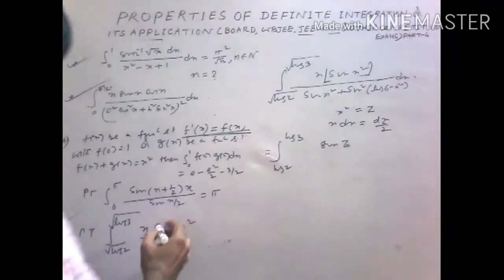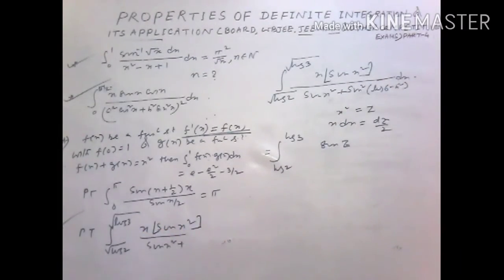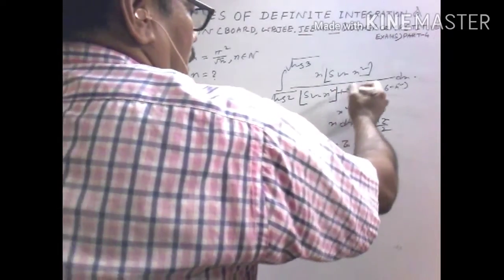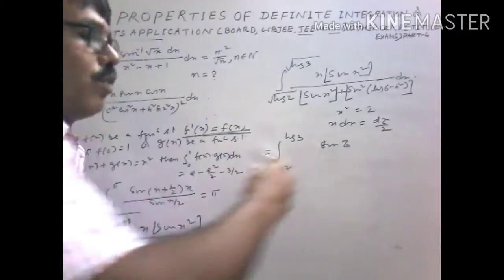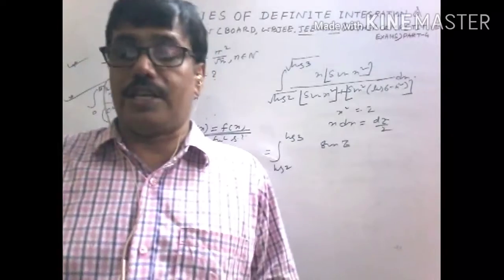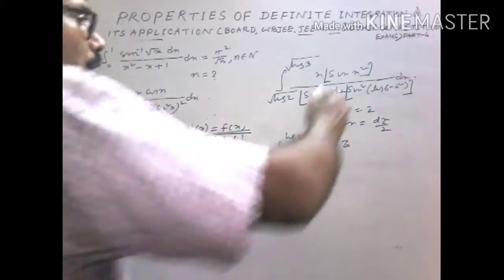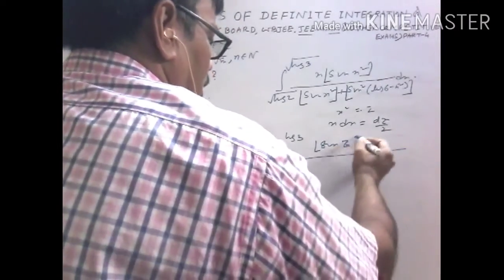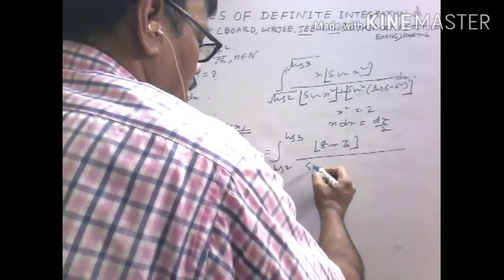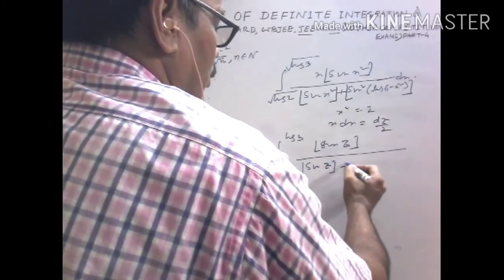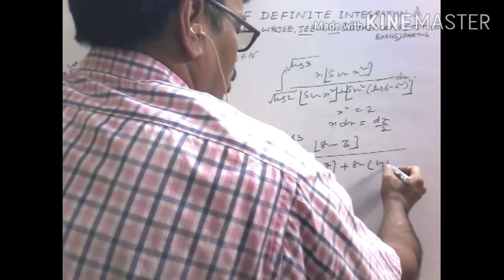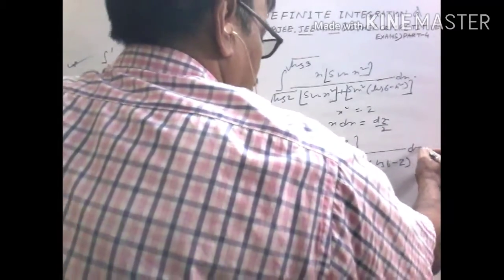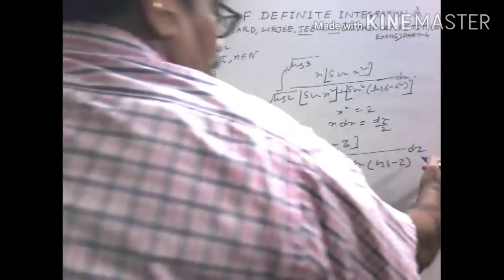I think this is third bracket sin x square, third bracket, and this is third bracket. This is also third bracket. What is third bracket? Third bracket is the greatest integer function. So sin z third bracket, that is greatest integer function, sin of log 6 minus z, dz.